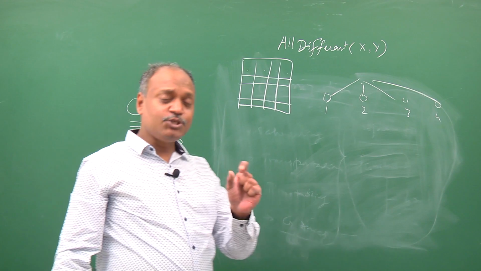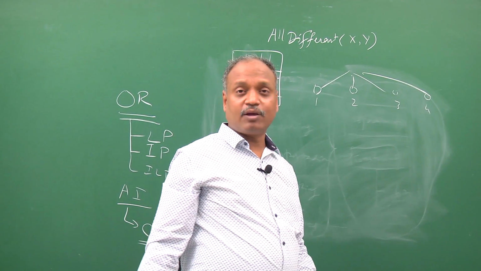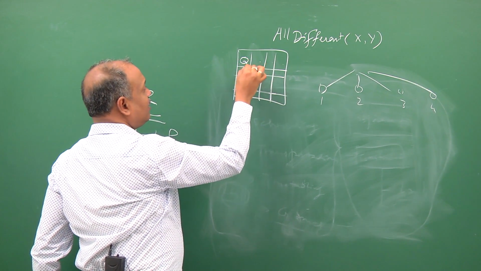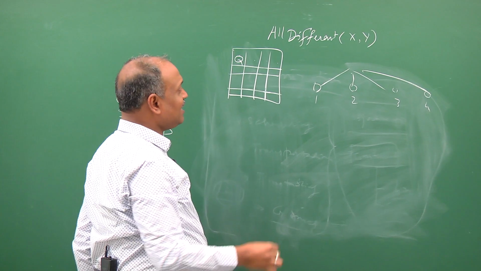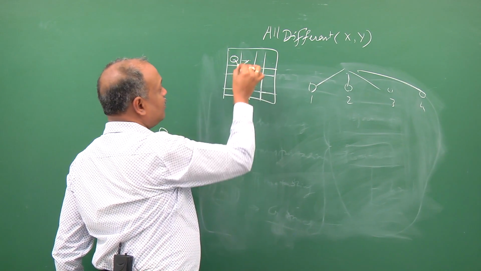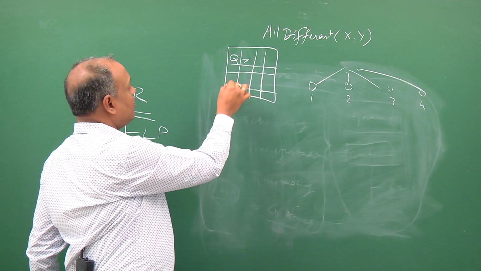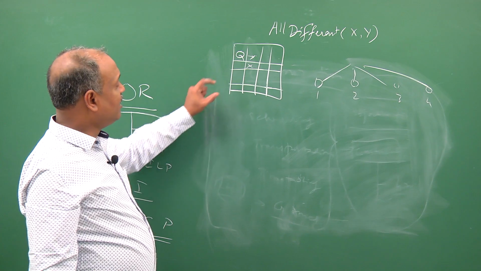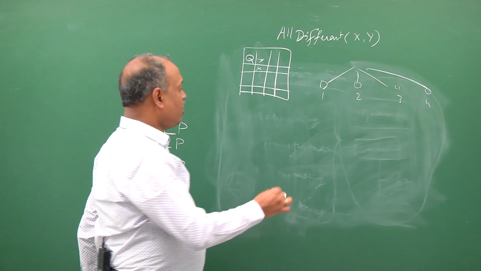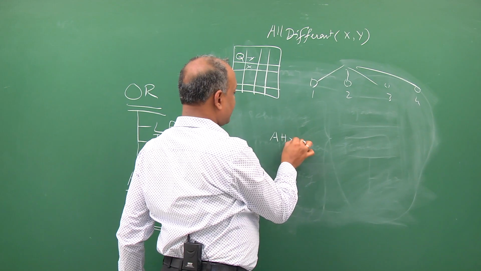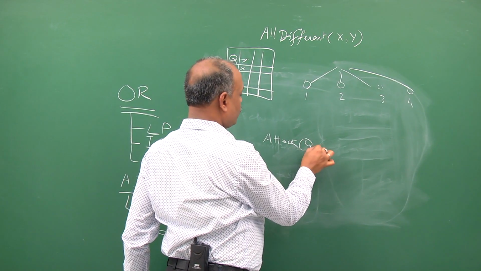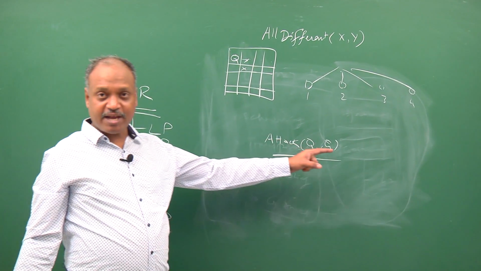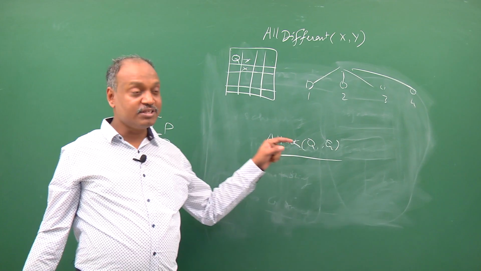But now, once you place the queen in the first position, for the second queen you're automatically excluded from placing it here or here, because they will attack each other. So we can say there is something known as attack(Q1, Q2), which is true if they are either on the same diagonal, the same row, or the same column.